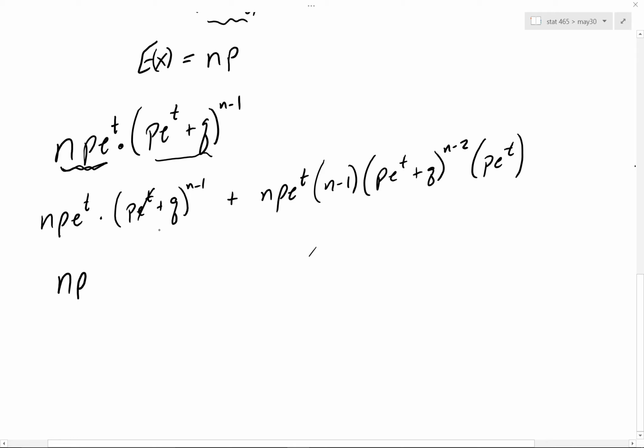Again, this piece goes away, and you're left with p plus q is 1, plus okay, this is going to be 1 as well. This is going to be p.